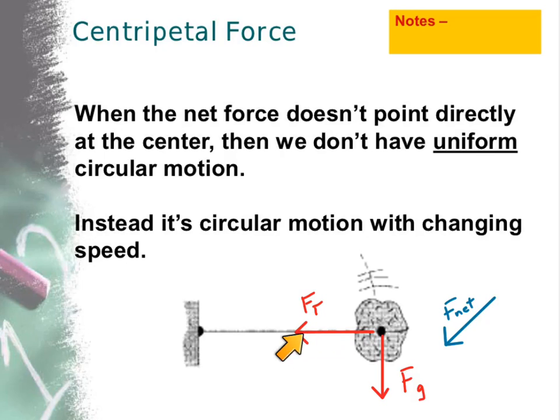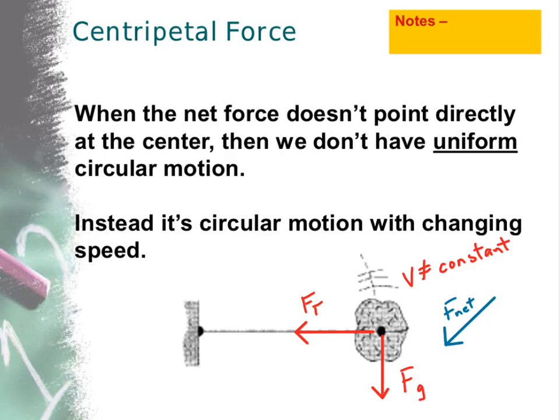So this part of the force, the net force, which happens to be the tension force, is going to be our centripetal force, which is going to cause circular motion. But because we have a force that is tangential, we no longer have a constant linear velocity. In other words, v is not constant around the circle. So this rock, when it's moving in the downward direction, is actually speeding up due to gravity.